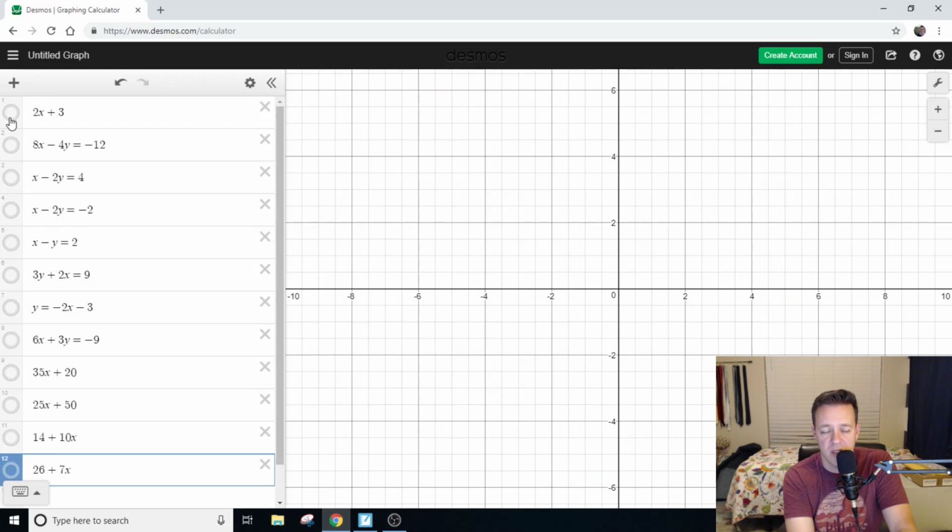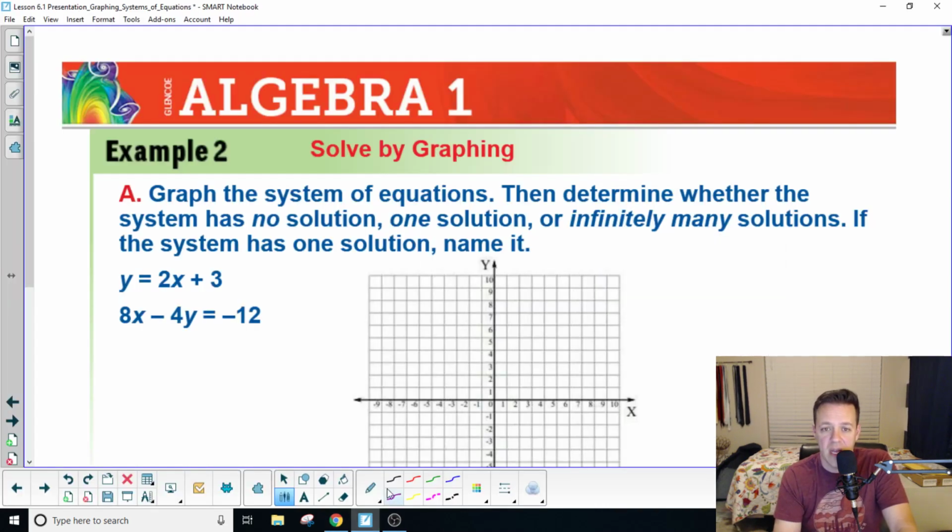My first equation is y equals. Remember, in Desmos, you don't necessarily have to put y equals, which is why it's not here. It's a given if you do not put it. And then the other equation is that. Ladies and gentlemen, did you see the color change? Watch it again. Ooh, color change. So that actually means what? It's going to be two lines on top of each other, and it has infinitely many solutions.